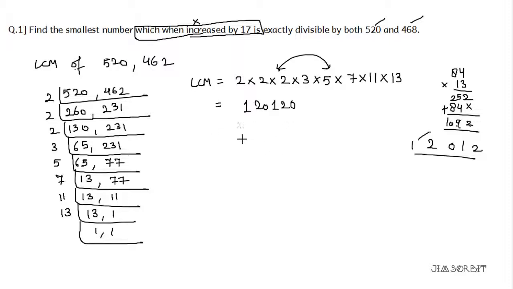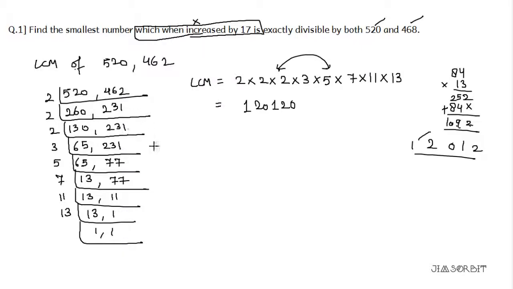Simple. Now it was not saying directly divisible, it was saying that it is divisible, okay fine, but it has to be increased by 17. So if it is going to be increased by 17, it should have been less by 17, then only you can increase, and that will be the answer, correct?